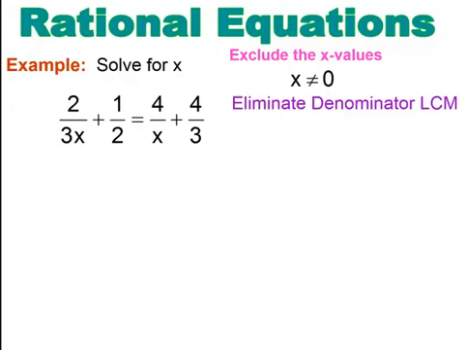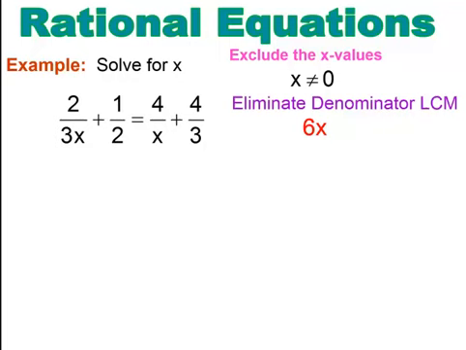So you're looking at the denominators here and you're trying to find the least common multiple. And we have 3x in the denominator, we have 2 in a denominator, we have x in the denominator, and we have 3 in the denominator. So if I was to find the least common multiple, it's going to be 6x. 6x would be the least common multiple, or the least common denominator for this rational equation.